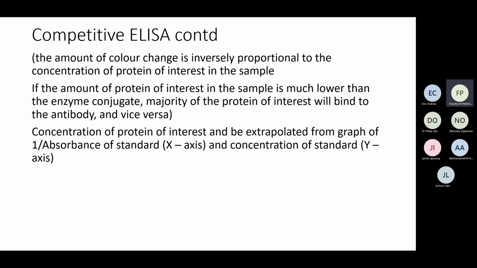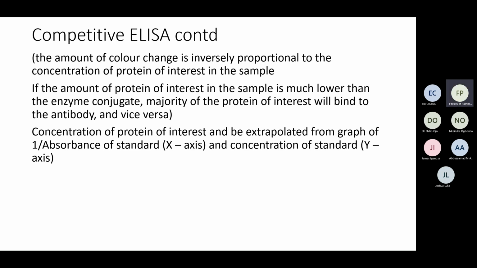Now, after this has been done, you can read the color change in a spectrophotometer, and then you can plot a graph of that color change. Of course, you run these samples with standard proteins that have known absorbance and known concentration.